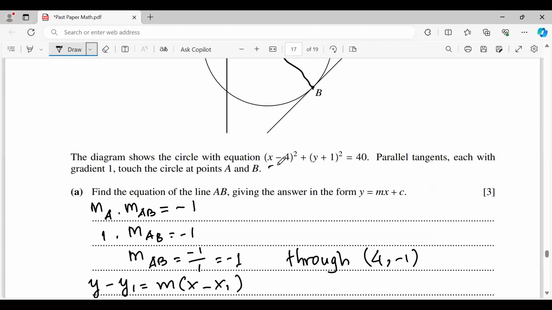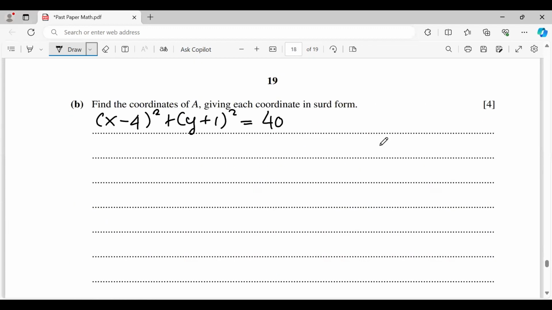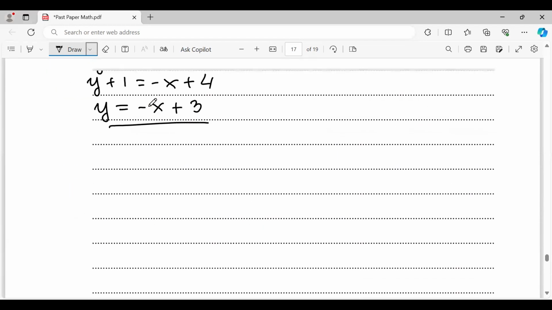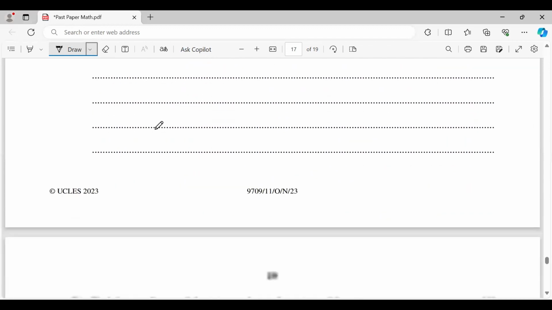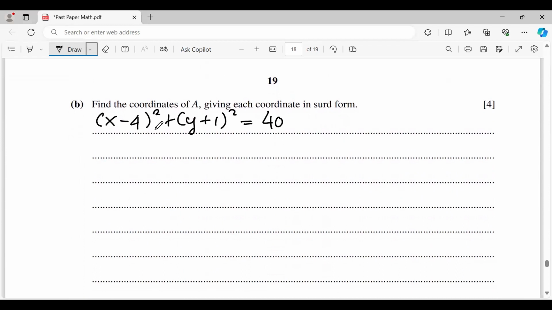This equation. And as you know, y equals minus x plus 3, the straight line through the center of the circle.